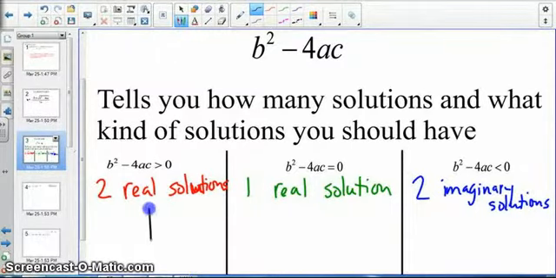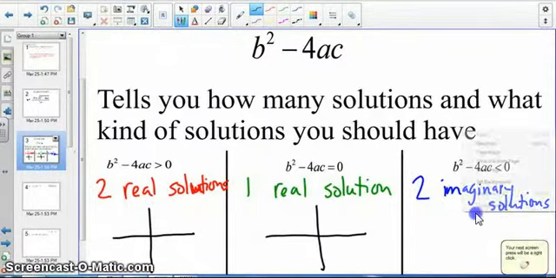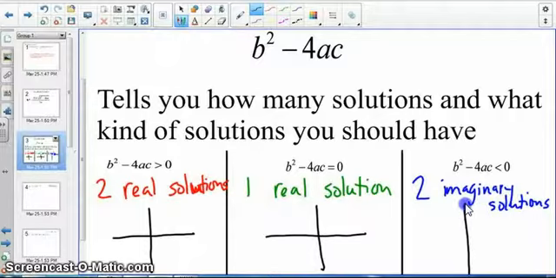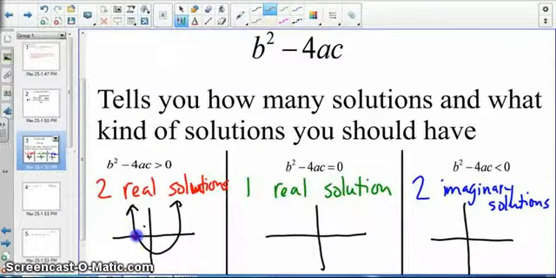So for instance, if we were to graph these, if it has two real solutions, it'll cross our x-axis twice. So right here and here.